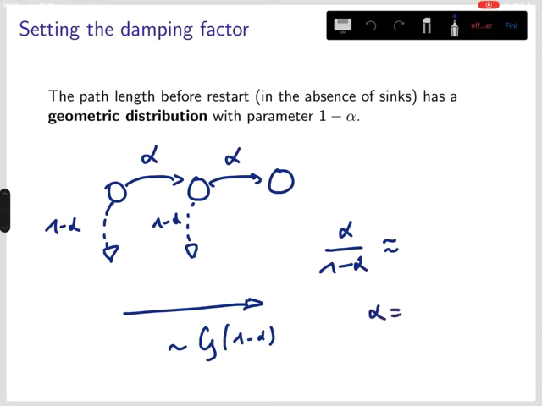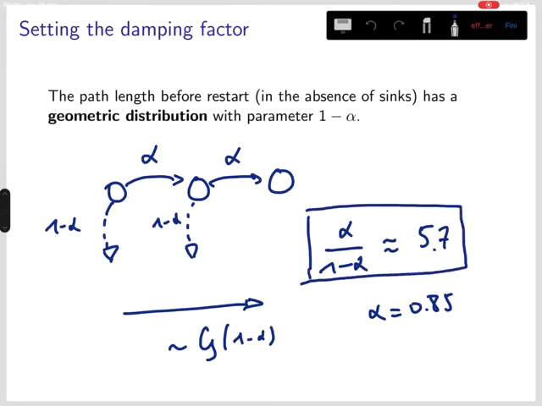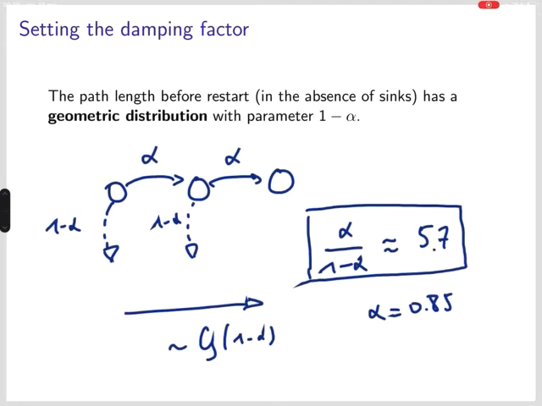And for the default value of 0.85, you find something like 5.7, which makes sense actually, because if you think of the six degrees of separation of typical social networks, for instance, in practice, after 5 or 6 hops, you have visited almost all the graph. I mean, almost all nodes are accessible in 5 or 7 hops.